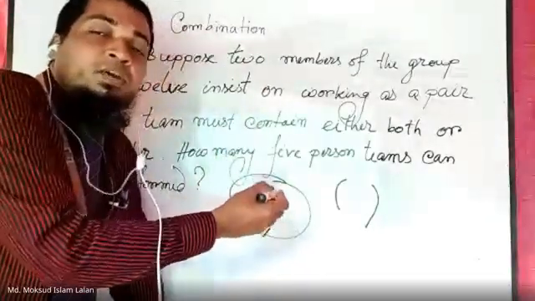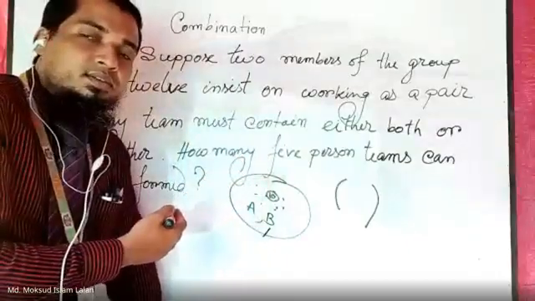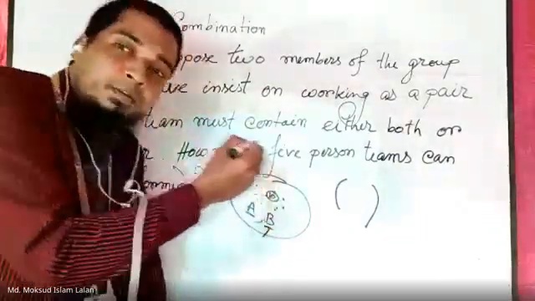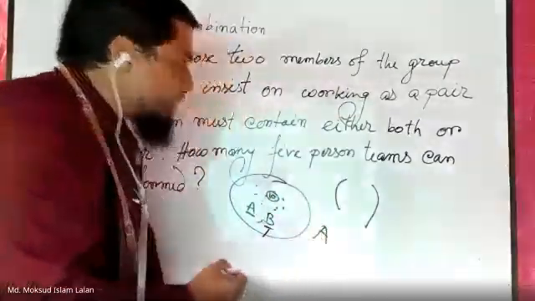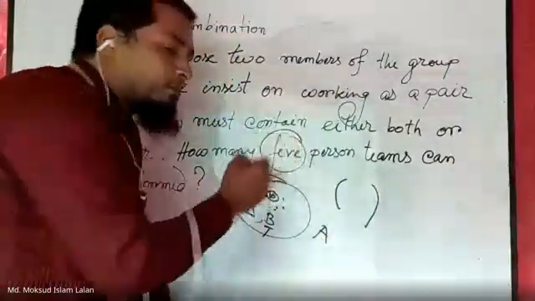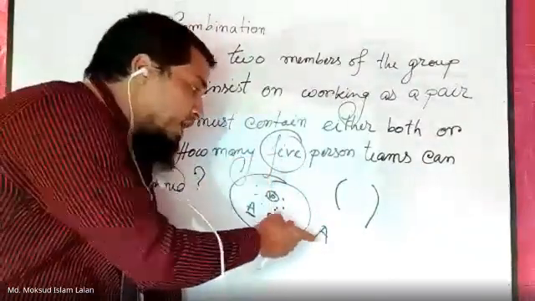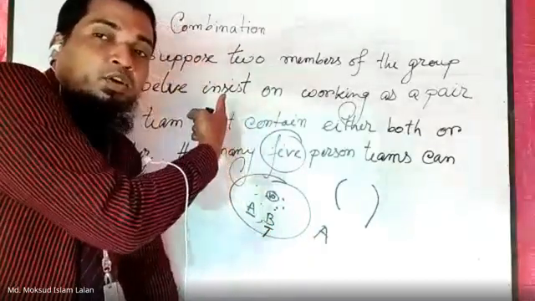If B belongs, then A must belong, because they want to work as a pair.